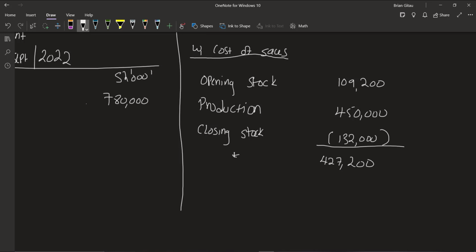But recall, we have depreciation on the leased plant, which is affecting cost of sales. From additional information number 2, we are told on 1st October 2021, the company leased some equipment to boost production.